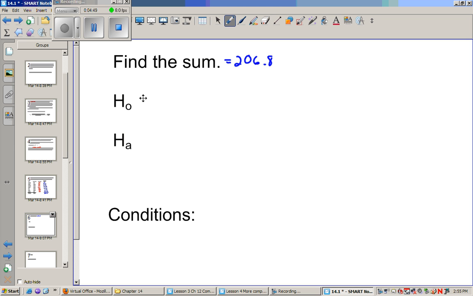So our null hypothesis is that it doesn't matter which day you get in accidents, so accidents are evenly distributed throughout the week.